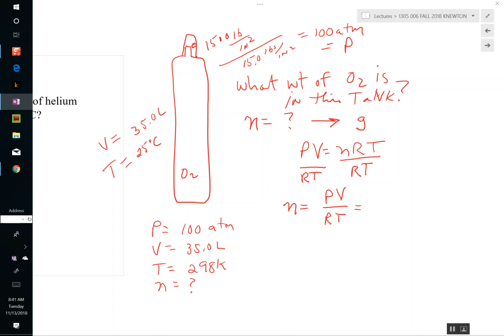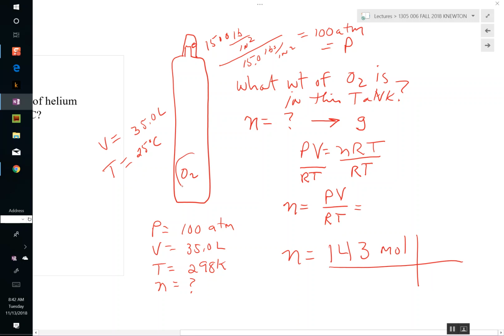So let's get that far. What is N? How many moles of oxygen will it be? How many moles? No, how many moles of oxygen? 143 moles. And then you're going to need to multiply this.